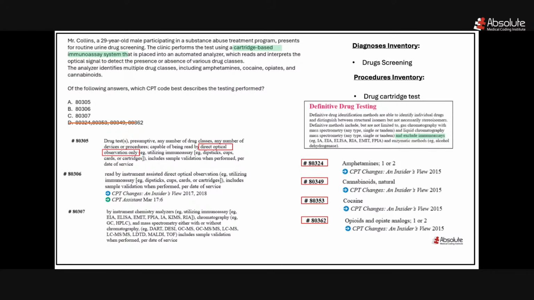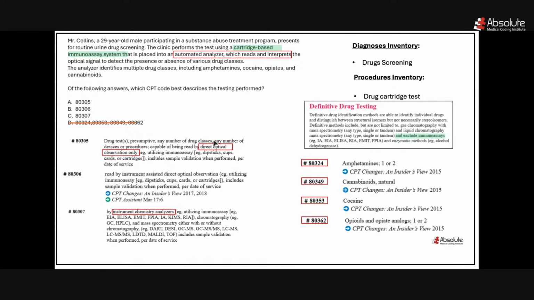Now option 80305, which is option A, is coding for a presumptive drug test, any number of drug classes, any devices or procedures capable of being read by direct optical observation. So, was the test performed by direct optical observation in our scenario? Let's read the scenario once again.